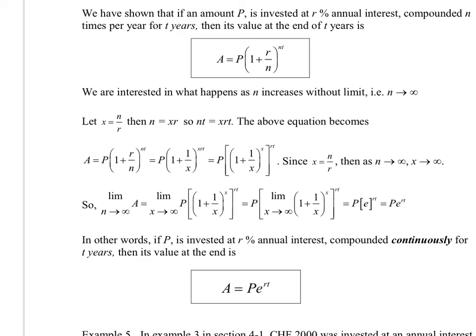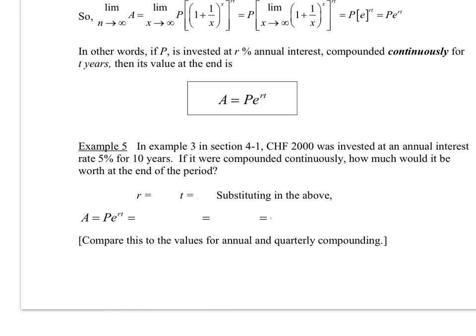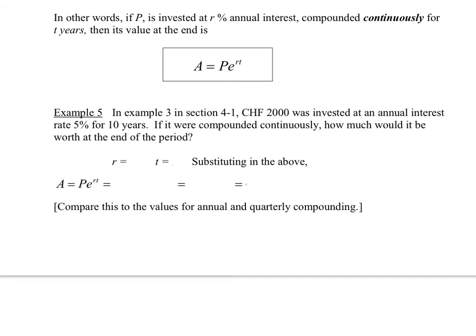And it's fairly easy to use that formula. So if you invested 2,000 francs at an annual interest of 5% for 10 years, it's very easy to use this formula to calculate how much will be in the account after 10 years.